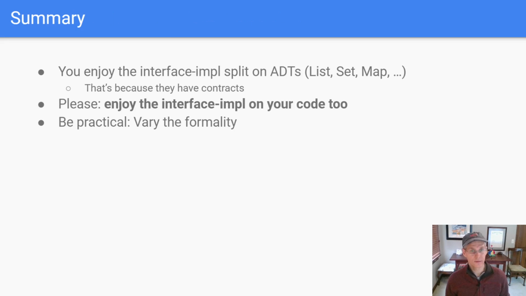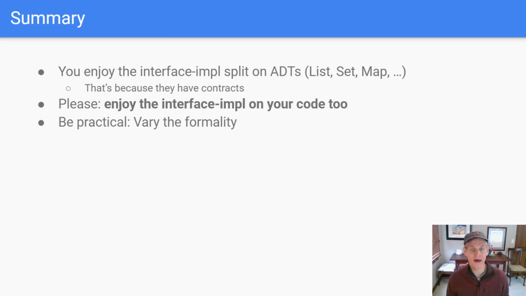So, in summary, what we're talking about here is something you probably already knew about, that it's probably a good idea to separate the interface from the implementation. And you take that for granted in a lot of code that you use out there, code that you consider to be high quality. And the reason you enjoy using that code is because the contracts on that code are very clear. They have separated the interface and the implementation, and you know what you can depend on.